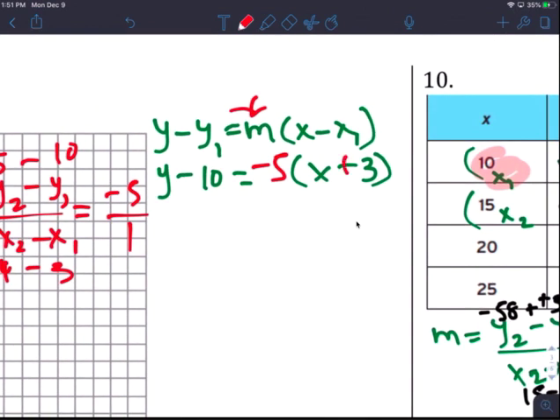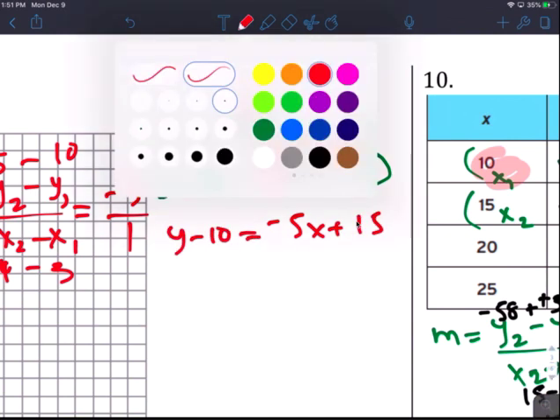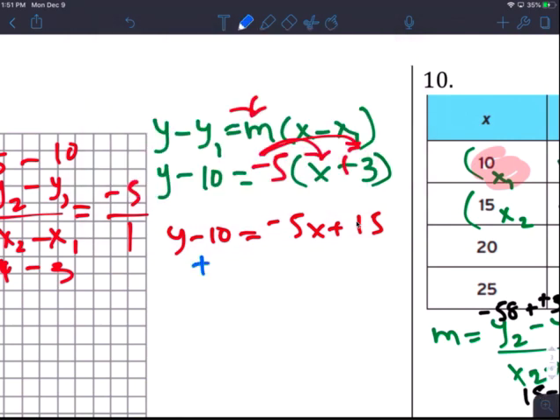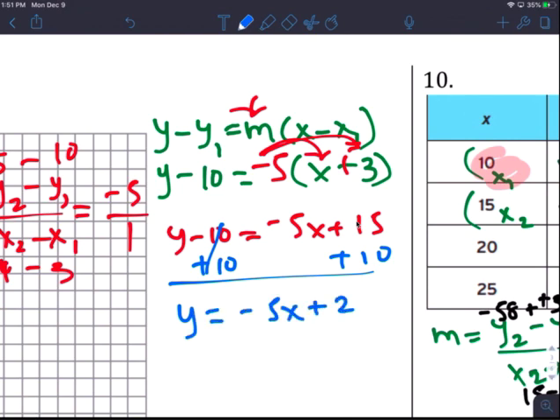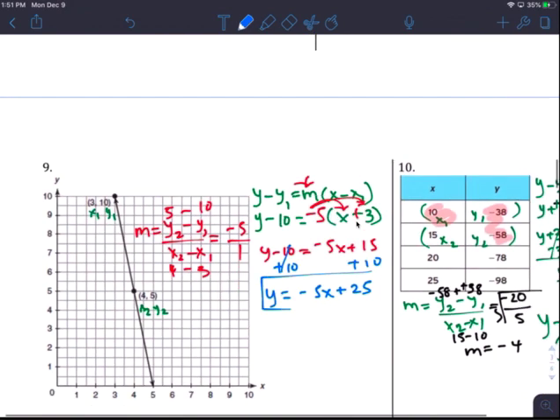Okay, additive inverse, distribute, negative 5x plus 15, add 10. Okay, the y-intercept.